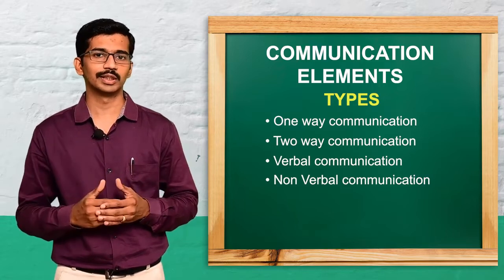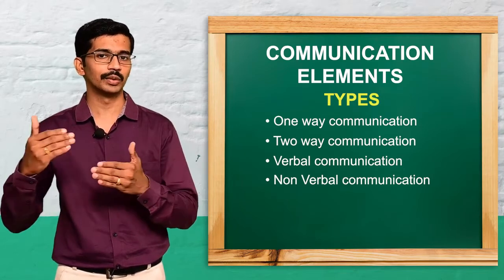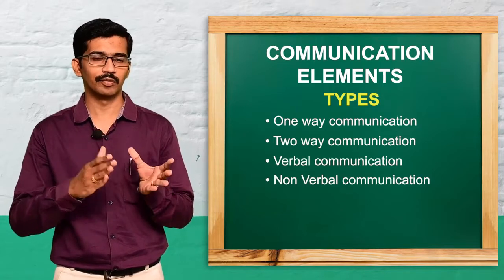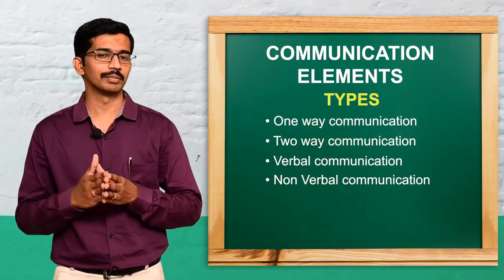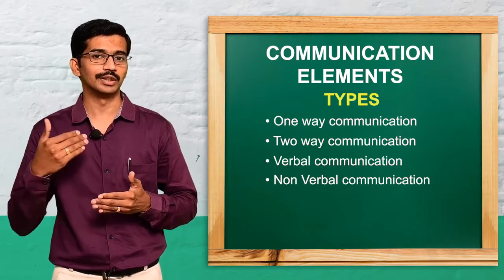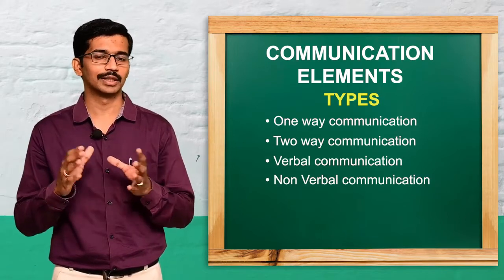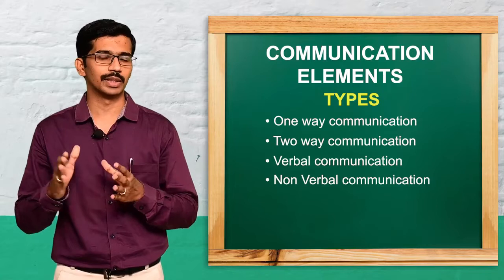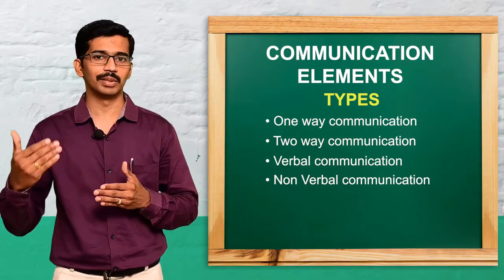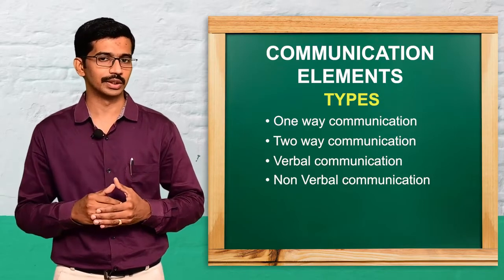One-way communication means the message will be transferred only from one person to another, and the other person may not get any chance to share his own feelings or ask questions. For example, most classroom lectures are one-way communication, because the teacher gives a lecture and there may not be any chance for the students to ask questions.